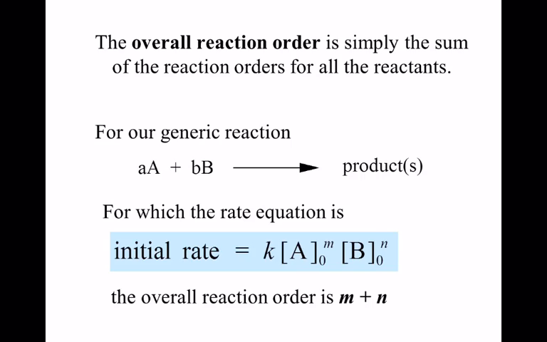So in this case, your overall reaction order is M plus N. And I'm going to try to tell you why it is important to know the overall reaction order.